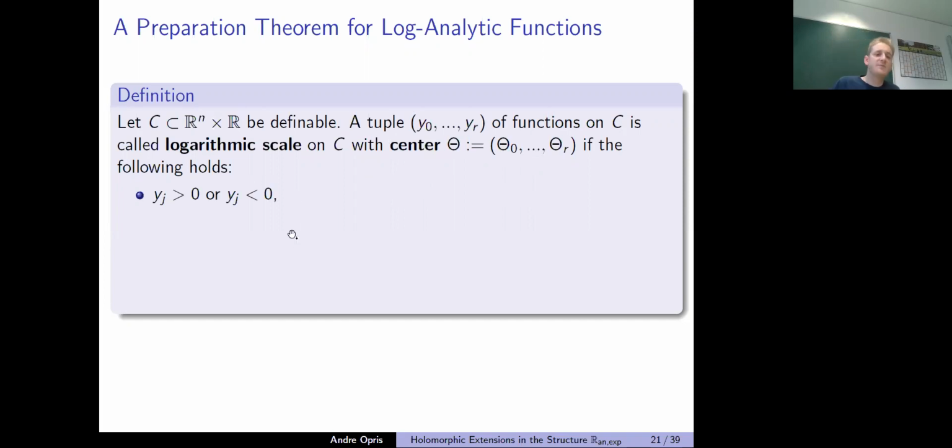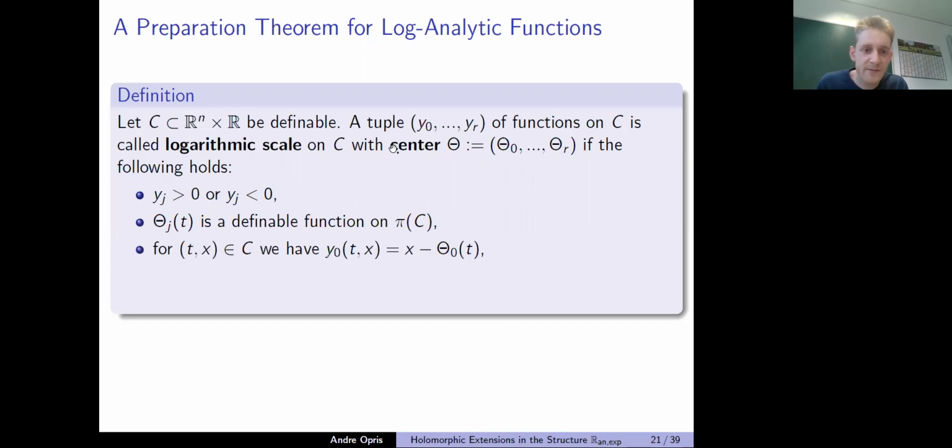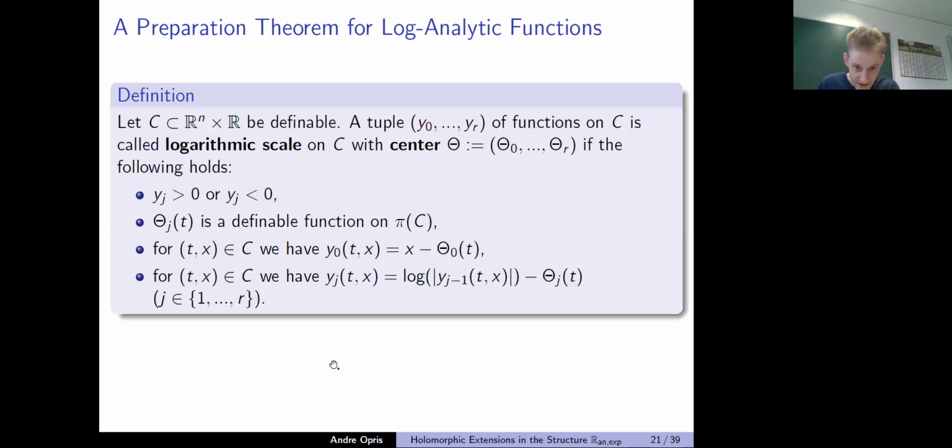So yj is bigger than 0 or yj smaller than 0. Then theta j of t is a definable function on this set here. Then we have also that y0 of tx is x minus theta 0 of t. And we have that yj of tx is the logarithm of the absolute value of yj minus 1 of tx, minus theta j of t.